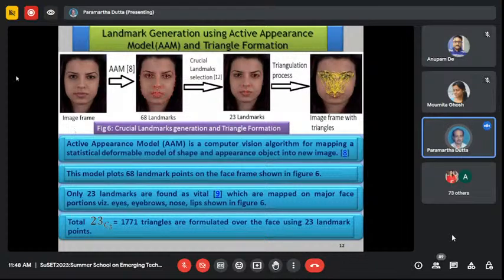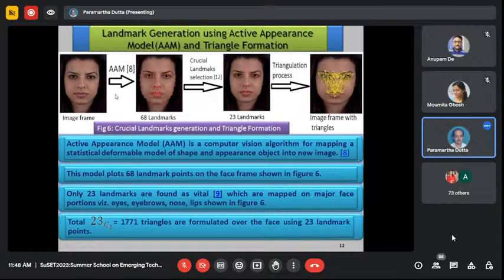Now, active appearance model is that particular work which, given a face image, identifies the landmark points, 68 landmark points. That is the reporting.